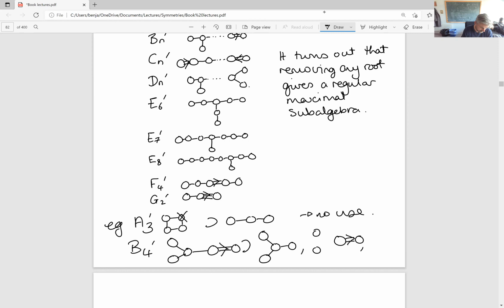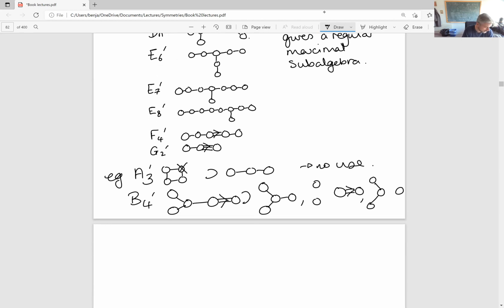Or if we remove this one here, that's what happens if we remove this one. And if we remove the other one, on the right-hand side, we can get the following system. So if we remove the second one in. So these are the Lie algebras respectively.